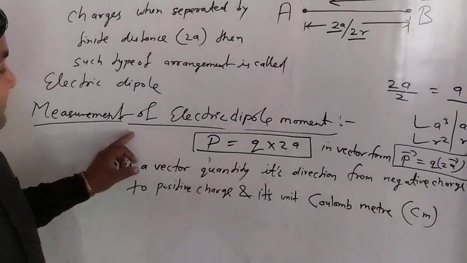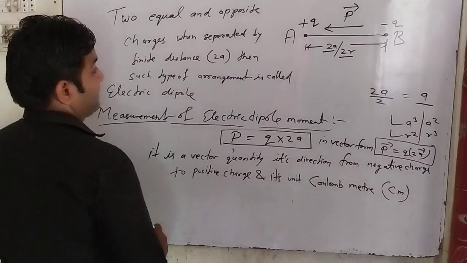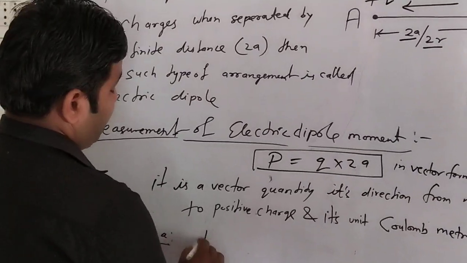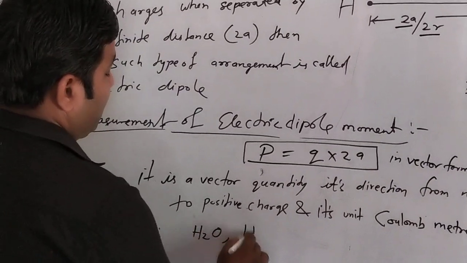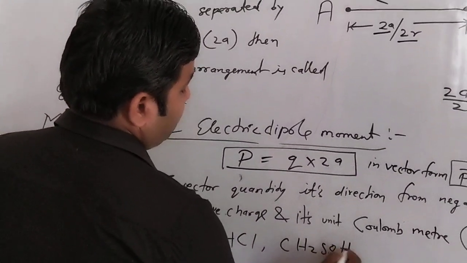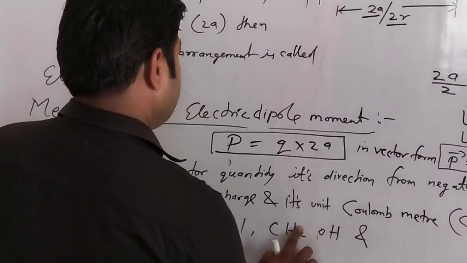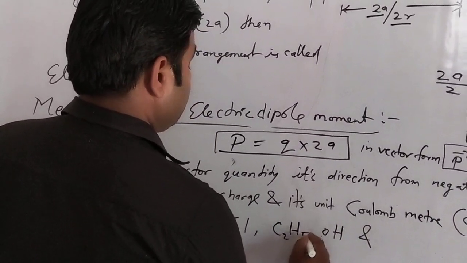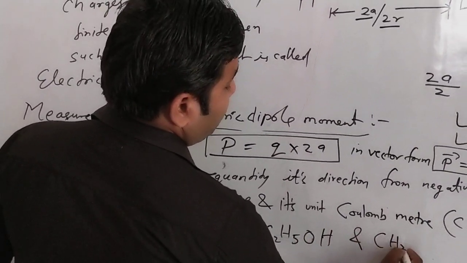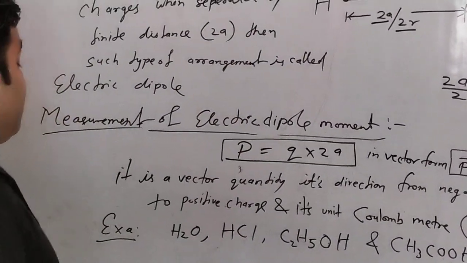And after the measurement of electric dipole, there are so many examples that represent the dipole. Examples of dipole are H2O, HCl, C2H5OH, and CH3COOH. These are examples of electric dipole.